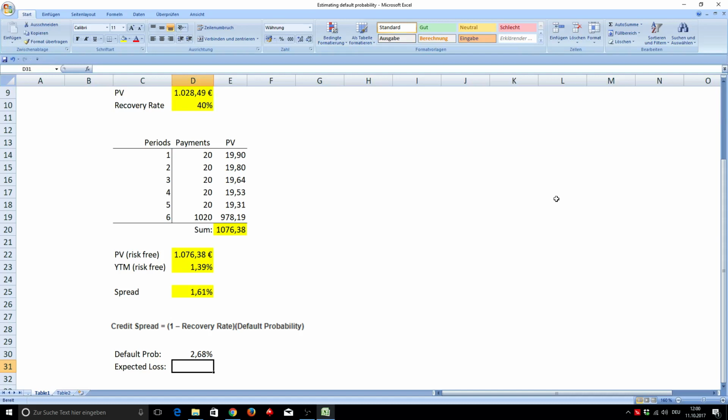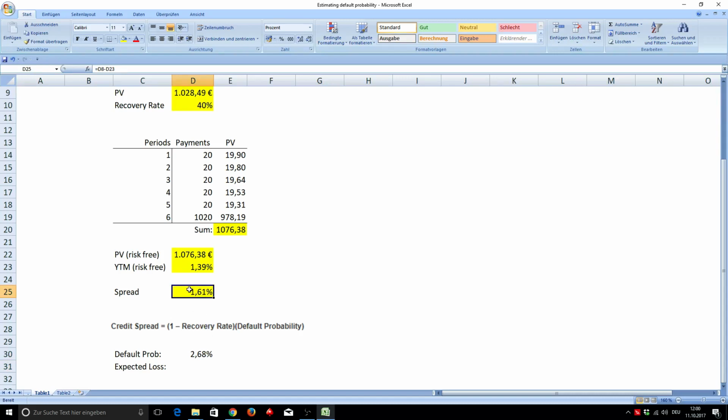I've linked a paper down in the description, and this paper disregards and falsifies this equation, and it says that this equation is not applicable to real-world default probabilities. Just because it makes the assumption that the default probability is always higher than the spread, because the recovery rate is bound between 0 and 1.